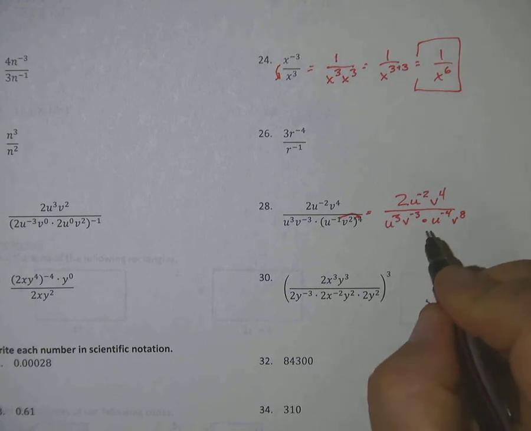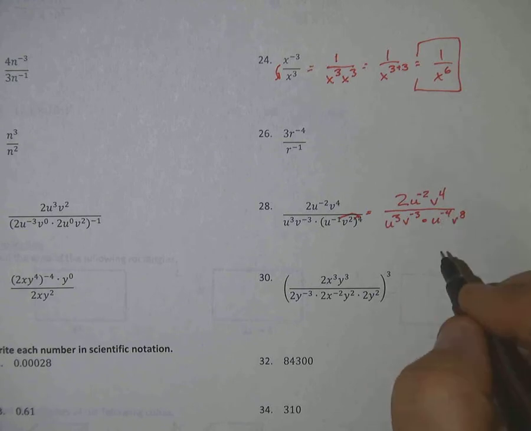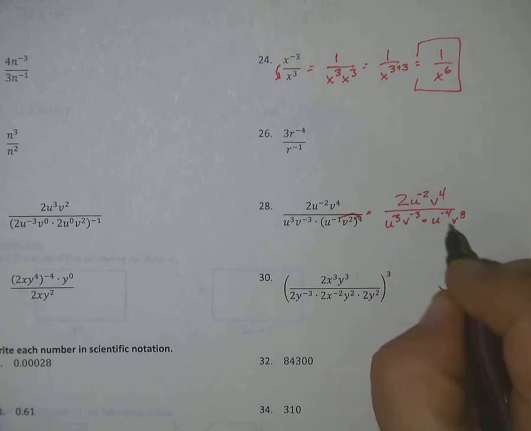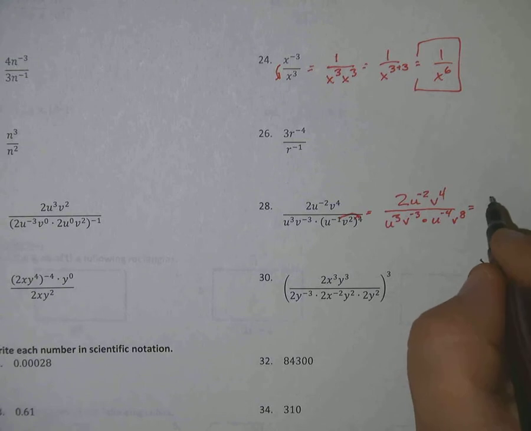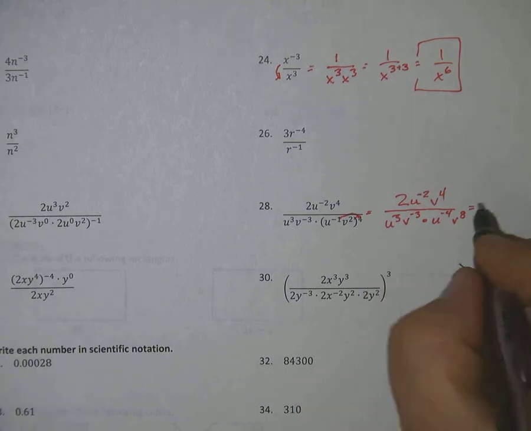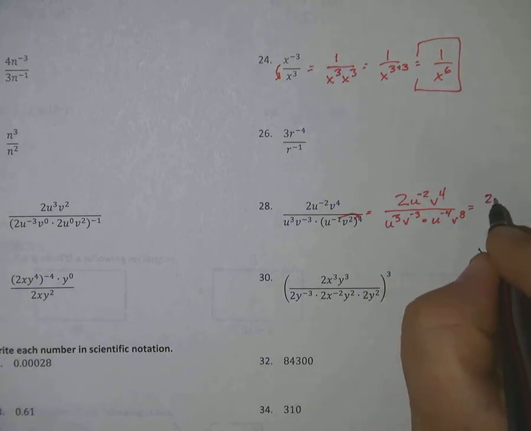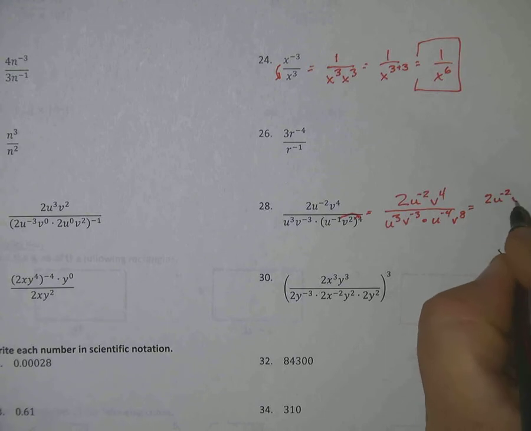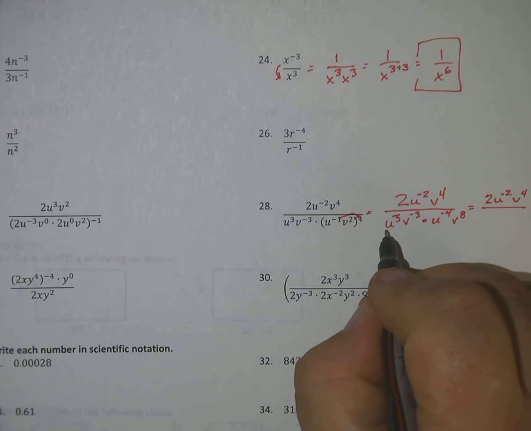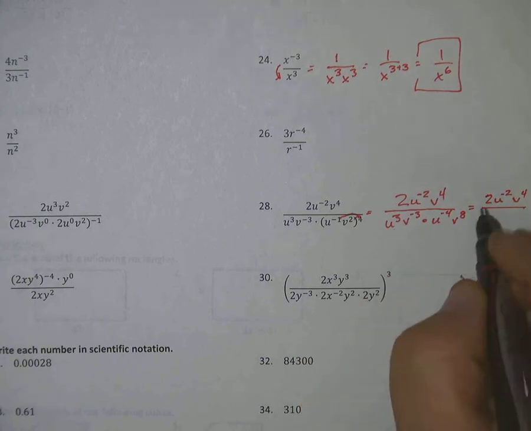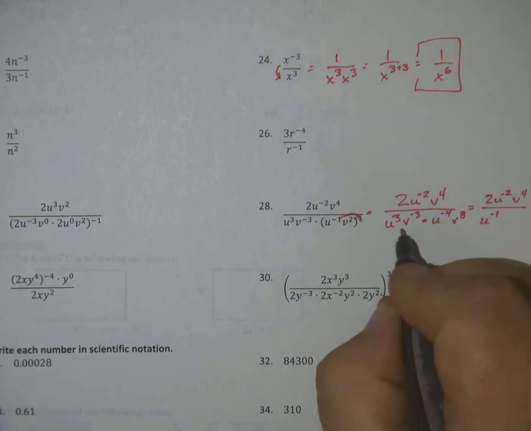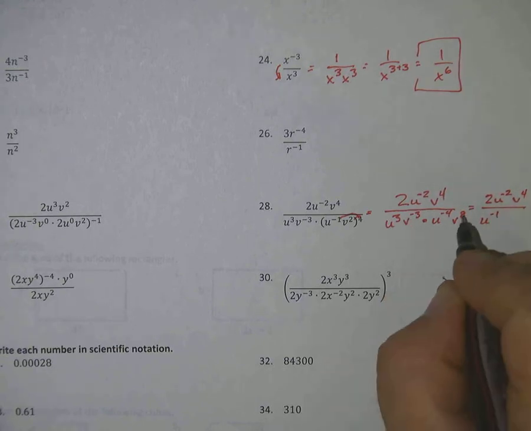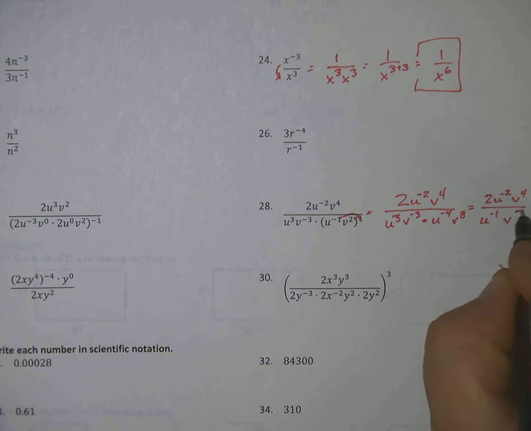Okay. Now, one thing you could do is you could start taking your negative exponents and putting them up top. I'm going to go ahead and simplify the bottom one more step to where I only have one u and one v to some exponent. So I have u to the negative 2 up top, v to the 4th, and on the bottom, this is a u to the 3rd and a u to the negative 4th. Remember, we're adding those to get u to the negative 1. V to the negative 3, v to the 8 is going to simplify to v to the 5th.